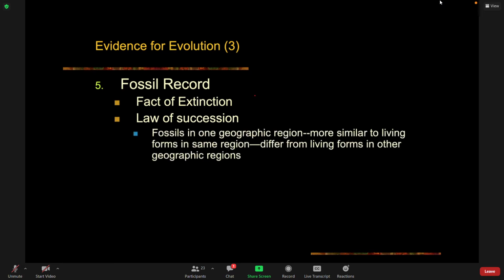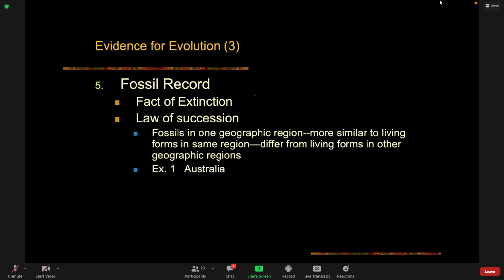The fossils in one particular geographical region are more similar to the plants and animals living in that region now than they are to plants and animals living in different geographical regions. That makes sense.